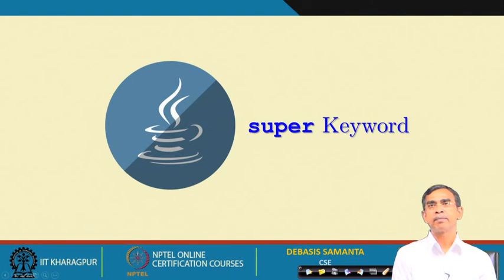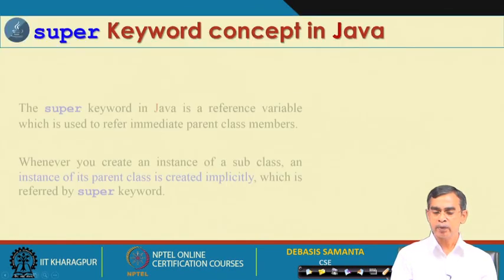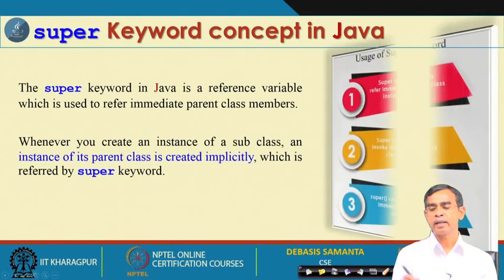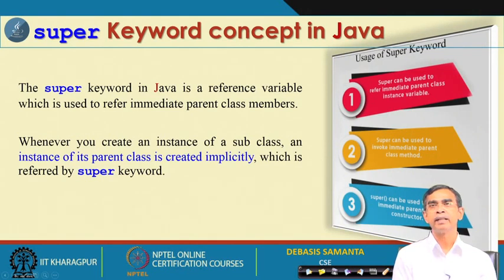Now, there is another very important concept called the super keyword, which is used for many purposes. Using this super keyword in Java, one can refer to immediate parent class variables, which are basically instance variables. The super keyword can also be used to invoke a parent class method, and it can also be used to invoke a parent class constructor.